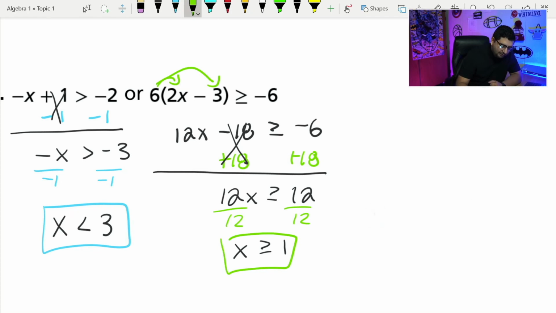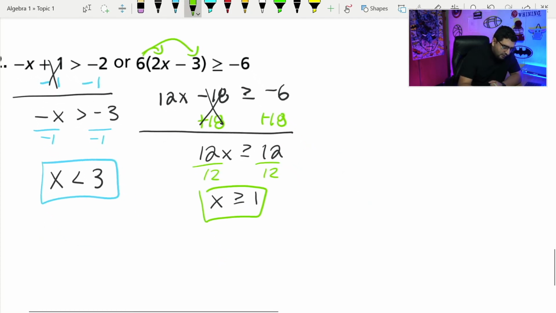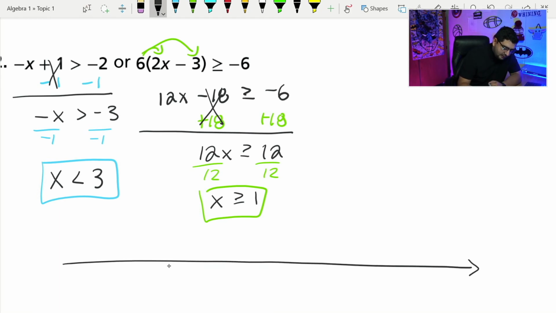Now graphing them will help me understand whether or not they're and or. Draw a line. And here I'm interested in two numbers, 1 and 3. Okay.